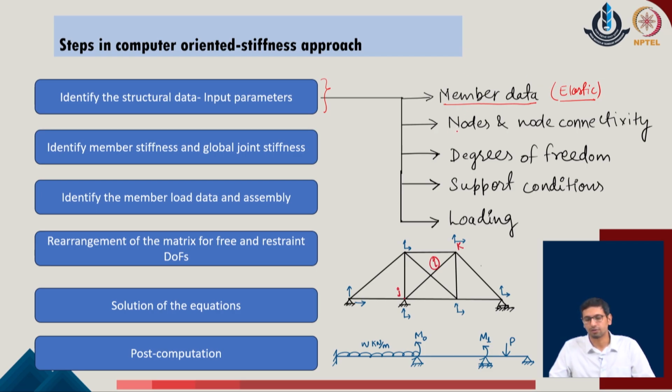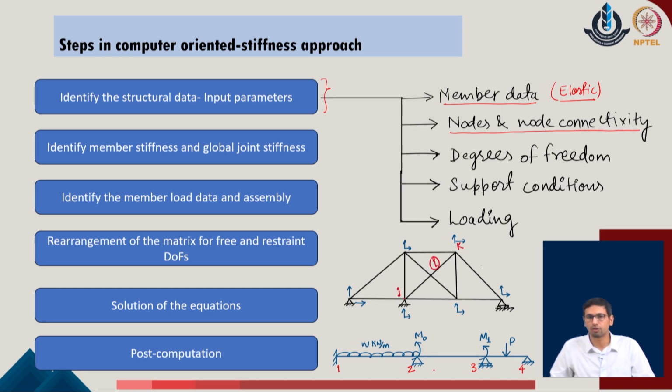At the same time, one must also provide the nodes and the node connectivity to the given system, which means that I must specify how many nodes the system is going to have, and then for each member which node connectivities are considered. If I provide the data for this given beam member, I have to say that this is joint 1, this is joint 2, this is joint 3, and this is joint 4.